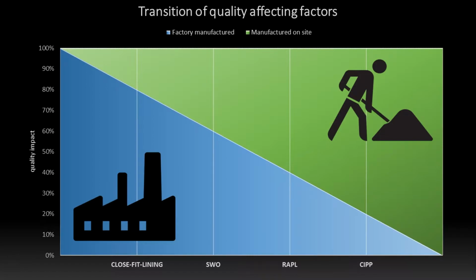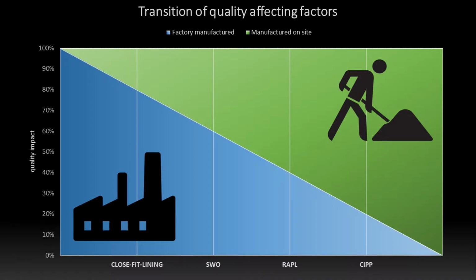And we do have our SWO, our spiral wound lining technologies, which are more or less on the left, so more factory manufactured than on the job site. So the quality of the final product is more affected in the factory than on the job site. And we do have our RAPL, or rigidly anchored plastic inner layer technology, which is more to the right.